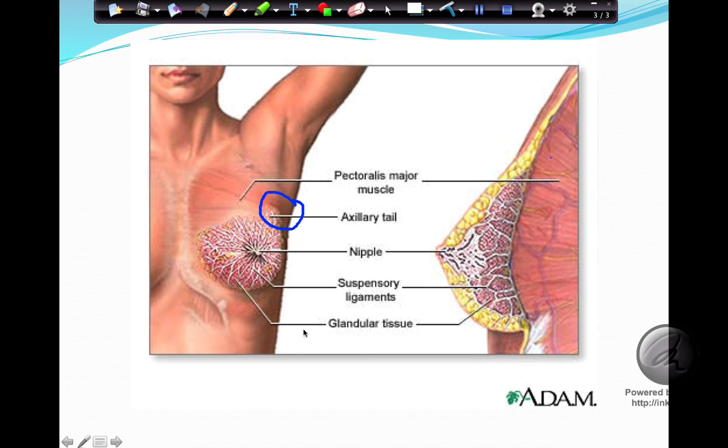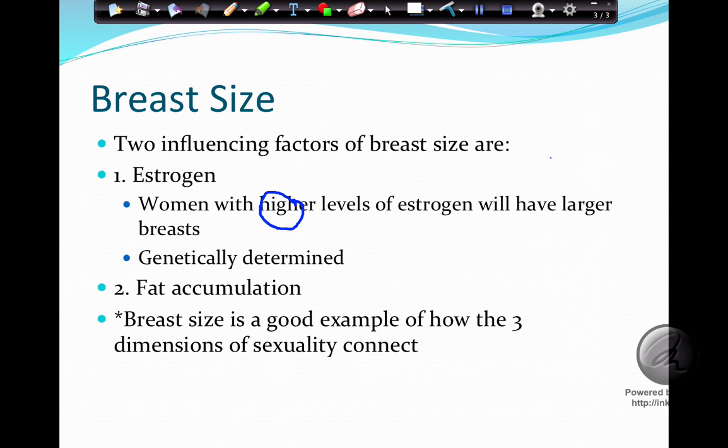There's ligaments and glandular tissue. I'm not going to hold you responsible for really knowing that. On the worksheet, it's just noted how many glands a woman has, and again, this is despite breast size. So that closes out the diagram there. And I've already mentioned what determines breast size.